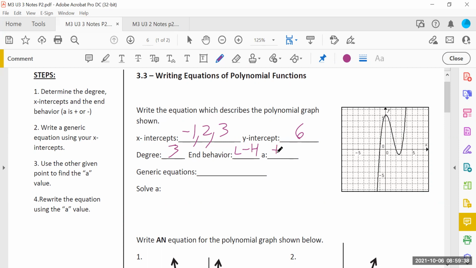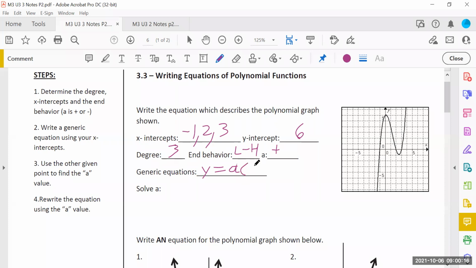The generic equation. You're going to get 2 types of questions today. Okay, so everybody phones away, make your full focus up here. Whenever it asks for the generic equation, you can breathe a sigh of relief. The generic equations are easy. We're just going to put this together with what we learned yesterday. This would be y is equal to a positive something. So we're going to write a, knowing that a is positive, times my 3 factors.